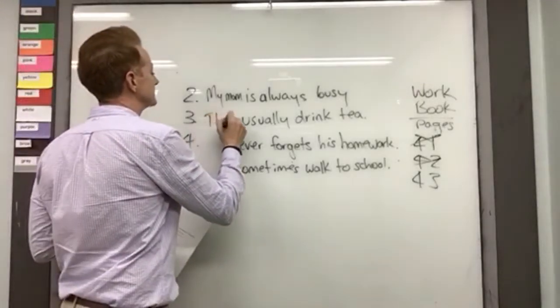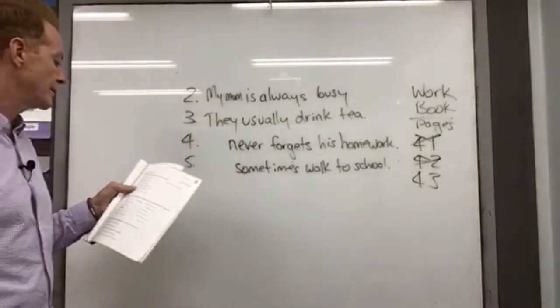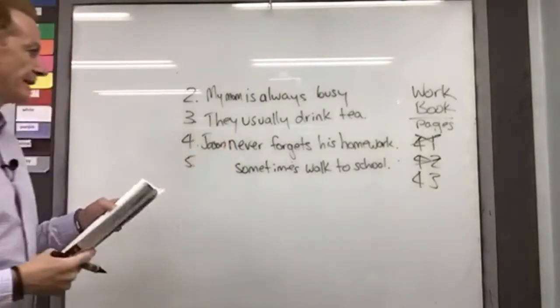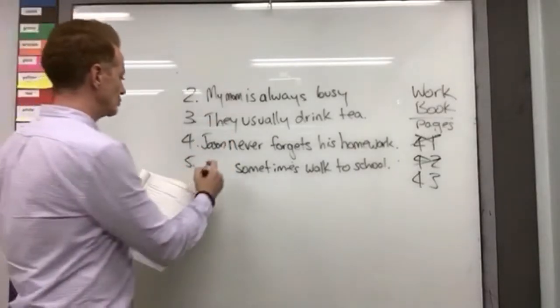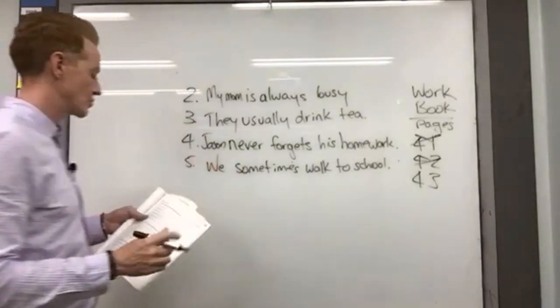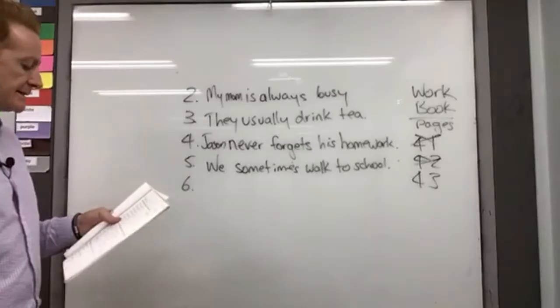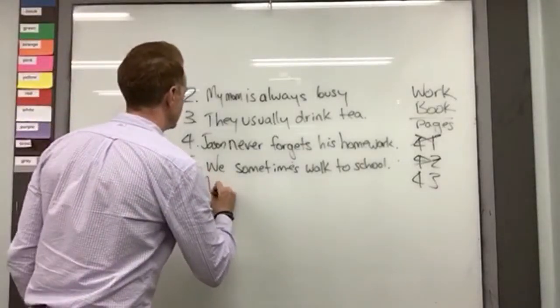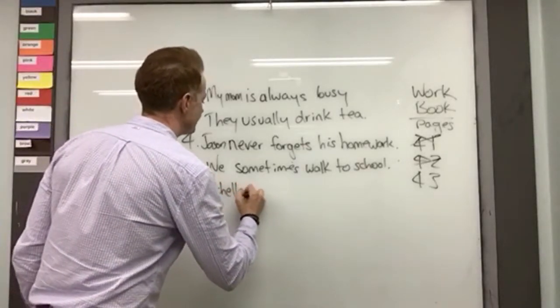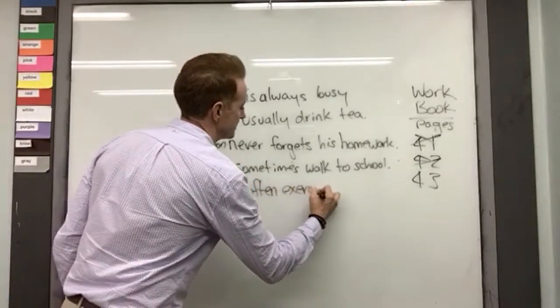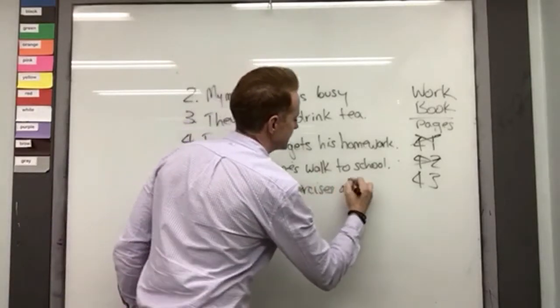They usually drink tea. 4 is Jason never forgets his homework. 5, we sometimes walk to school. And number 6, Michelle exercises at night. Michelle often exercises at night.